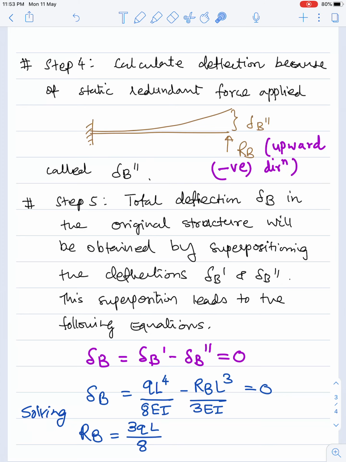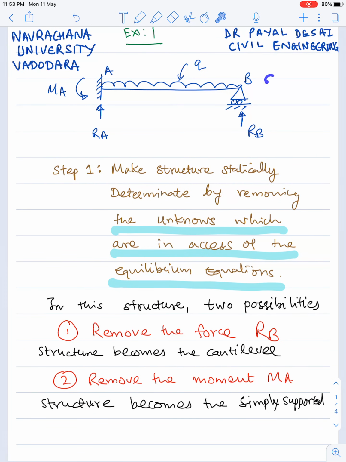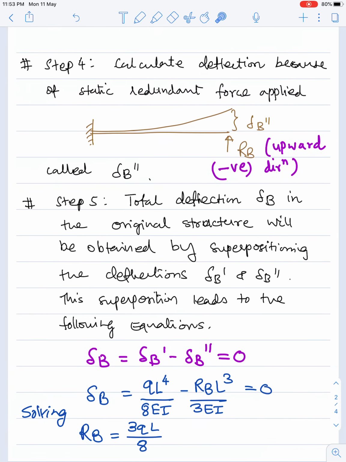This superposition leads to the following equation: delta B is equal to delta B dash minus delta B double dash. Because in the original structure you can see that the deflection here is 0, we can equate delta B equal to 0.